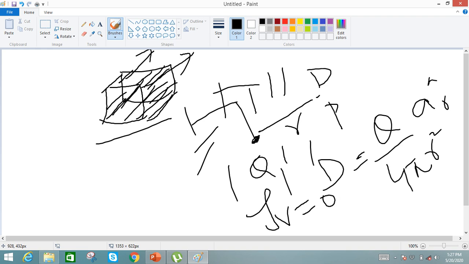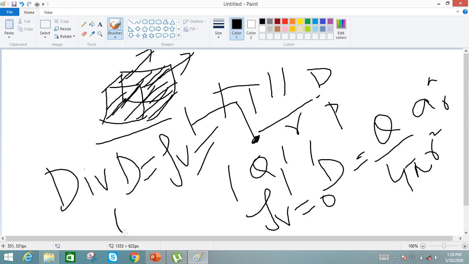So that is why, according to Maxwell's first equation, divergence of d is equal to rho v. So if divergence of d is equal to 0, it means that the volume charge density will be 0 all over the region except at the origin, because at the origin we only have the point charge.